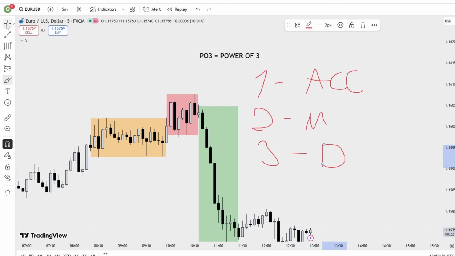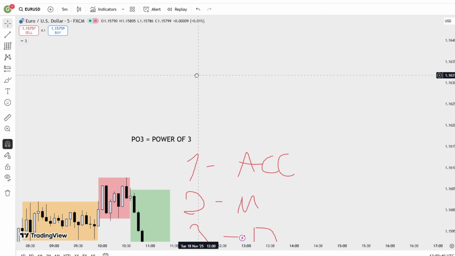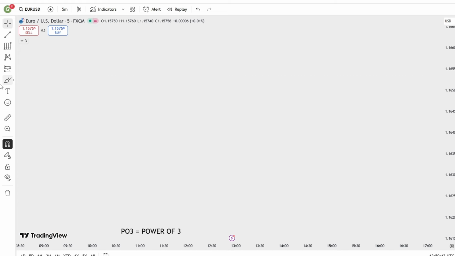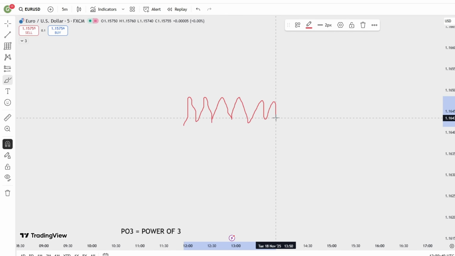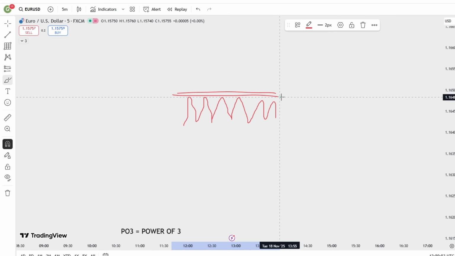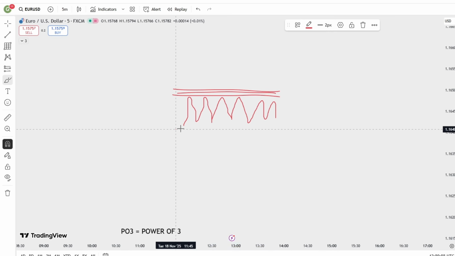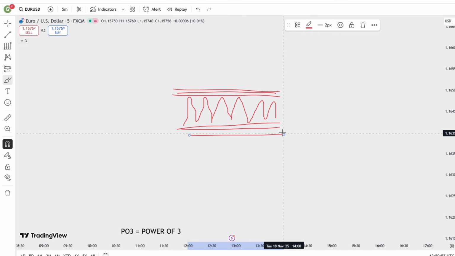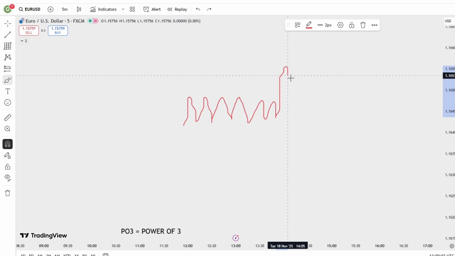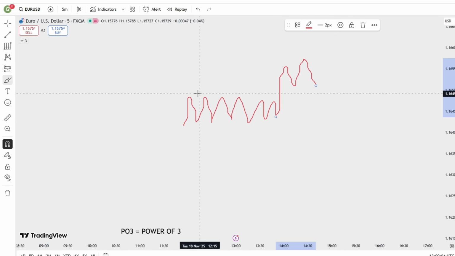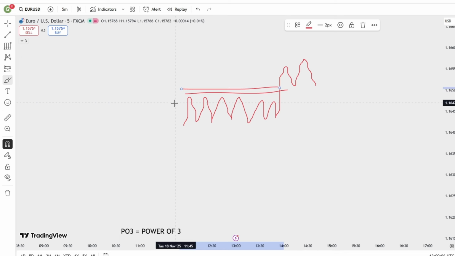Basically, what the price does every day, seeking and grabbing liquidity, you have accumulation. And then you have liquidity right here, and here you have liquidity, right? And then you manipulate this liquidity here, you grab it.